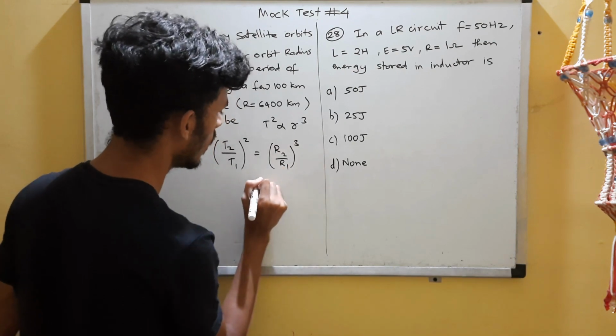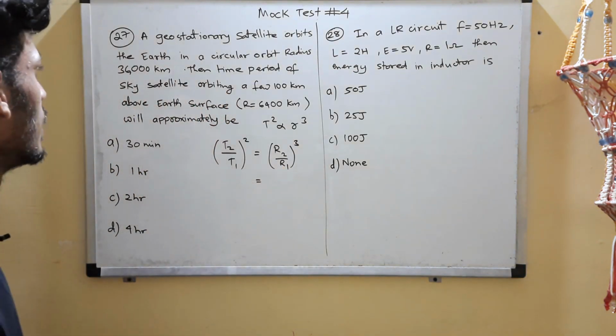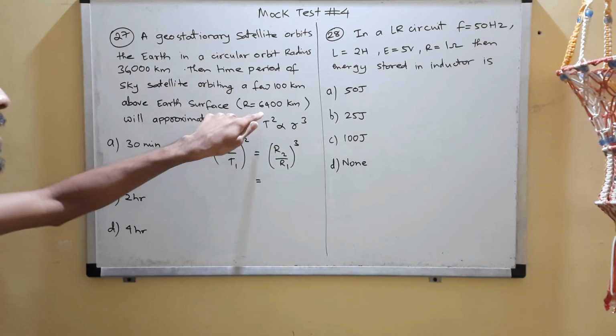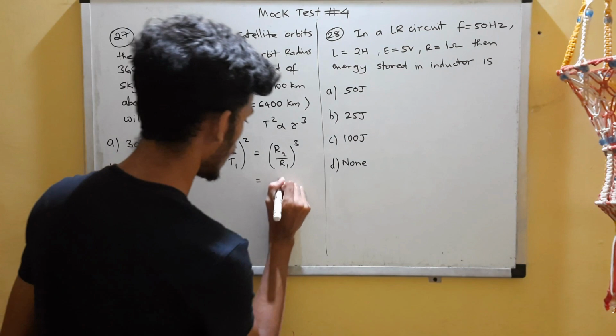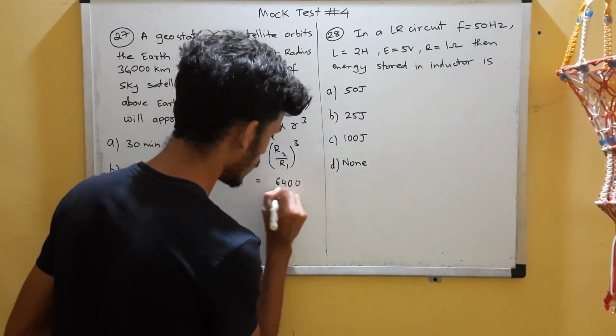R2 is the radius of the sky satellite. Radius, it is 6400 plus 100, but the 100 kilometers would not make any difference. Basically it will make a little difference, not that much, so I can just consider it as 6400.